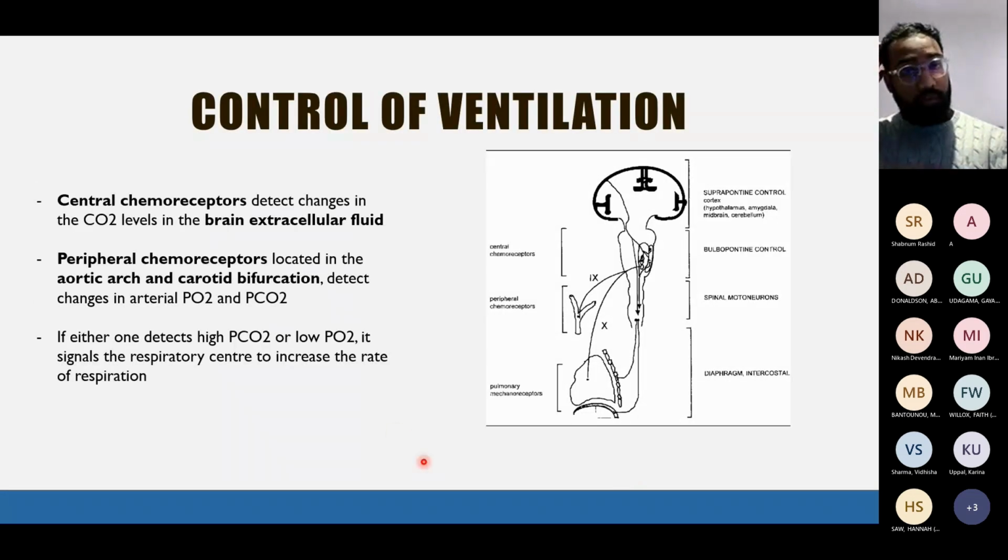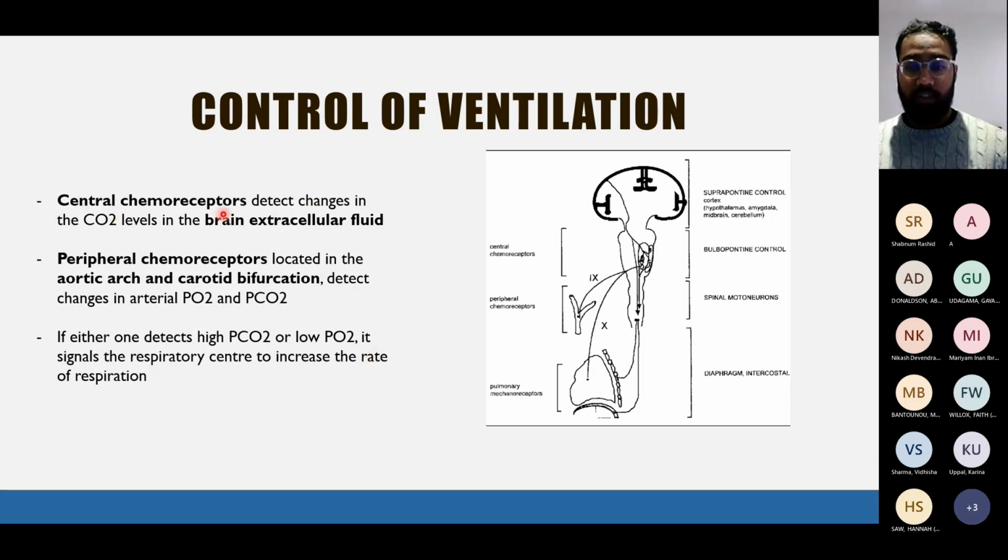And talking about the control of ventilation itself, how does our brain know how much to breathe? How does it know to breathe quicker when we're exercising and breathe slower when we're sleeping? We have things called chemoreceptors, and they detect. We have different types.